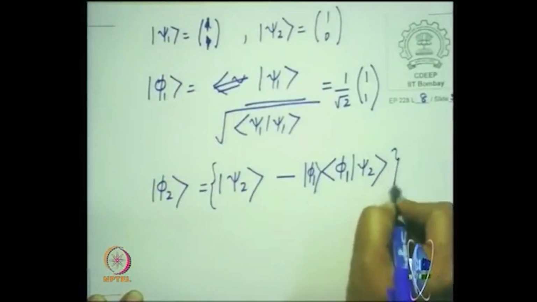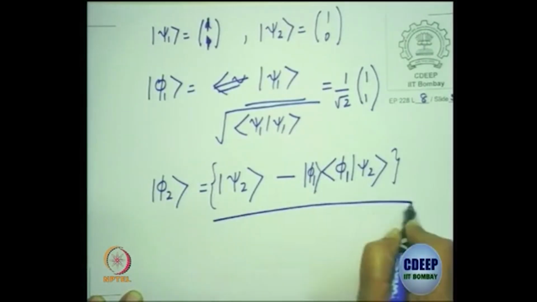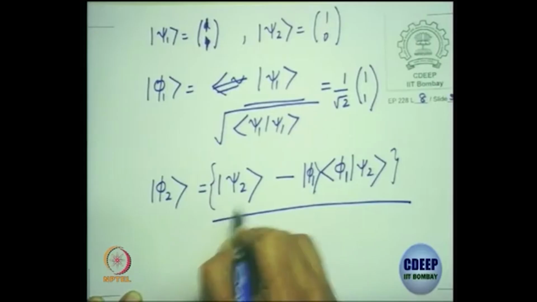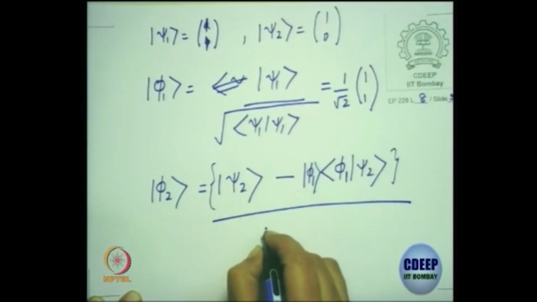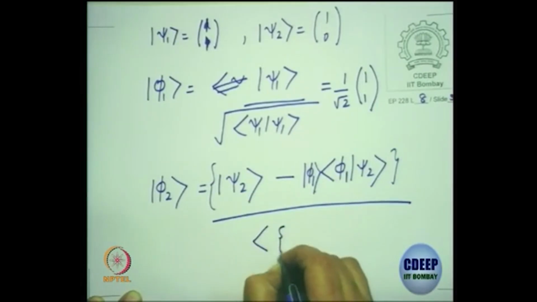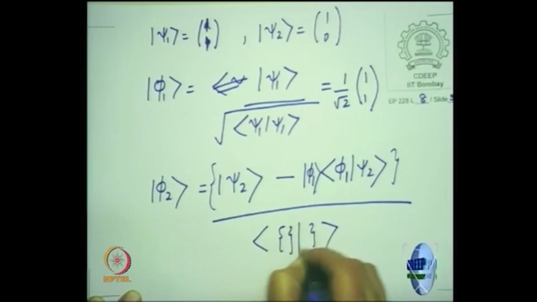So, do this, and after you do this, whatever is the numerator result, let me call this to be some new state, and you have to take the norm of that, the inner product of that state with itself. You understand what I am saying, right?